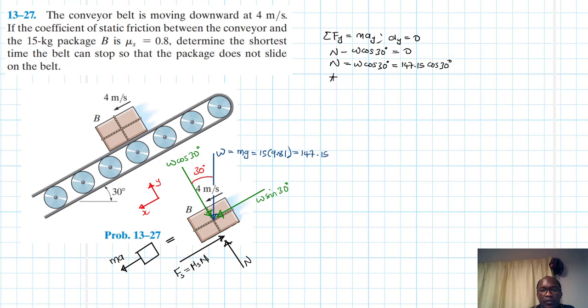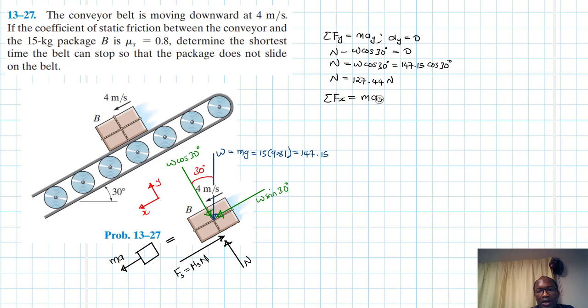Then our N, if we multiply that by cos 30, we get 127.44 newtons. So we have our N. Let's sum up the forces in the x.